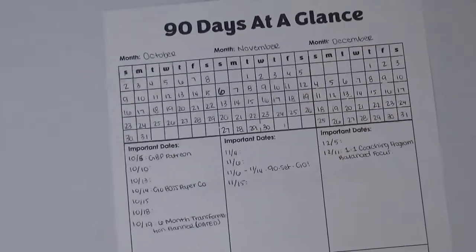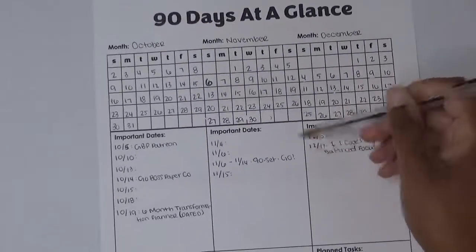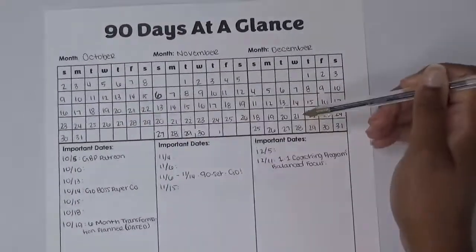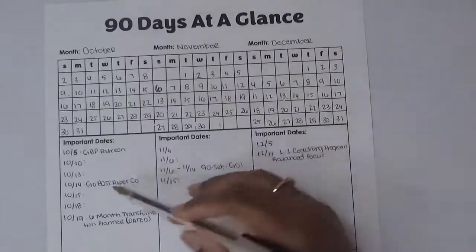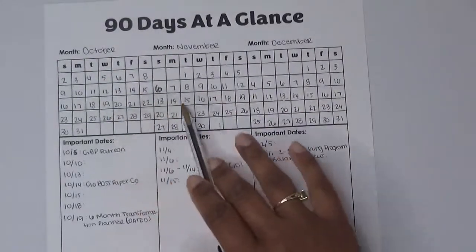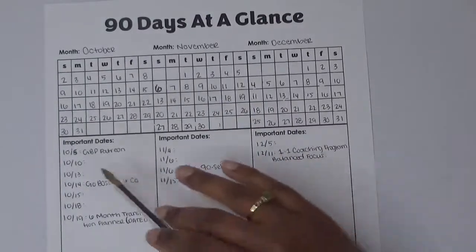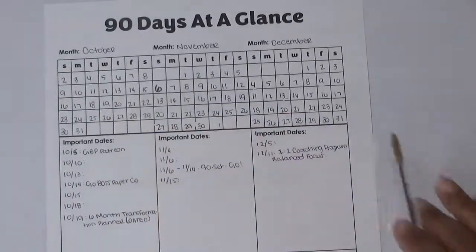Now what I want to do with these important dates is see them on my calendar as well. So I'm going to grab my dot stickers that are associated to my different business streams, and put them on the dates up here.